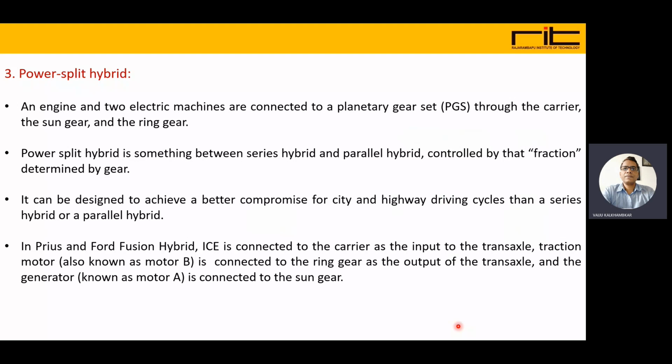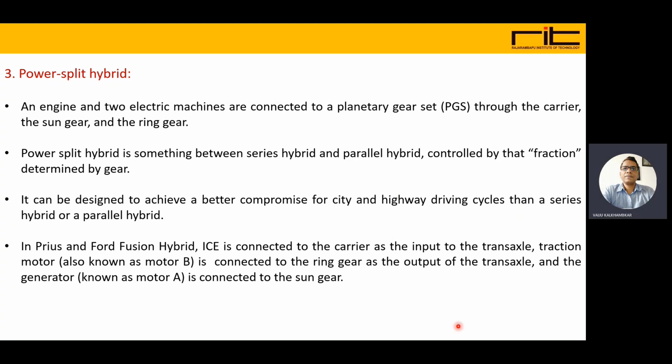The third type is the power split hybrid. An engine and two electric machines are connected to a planetary gear set, PGS, through the carrier, the sun gear, and the ring gear. Power split hybrid is something between series hybrid and parallel hybrid, controlled by the fraction determined by the gear.